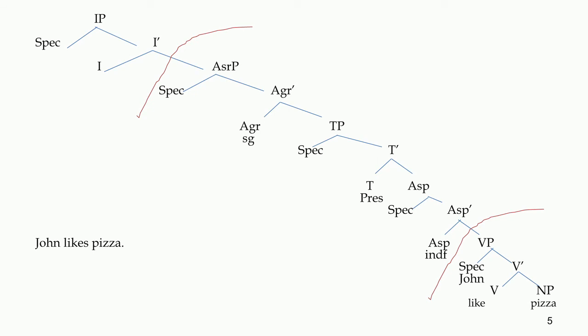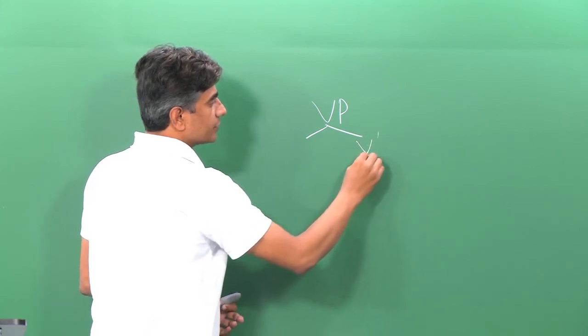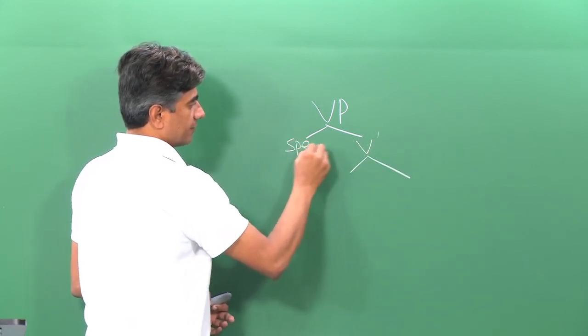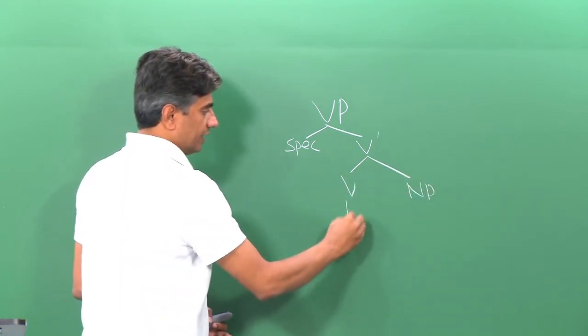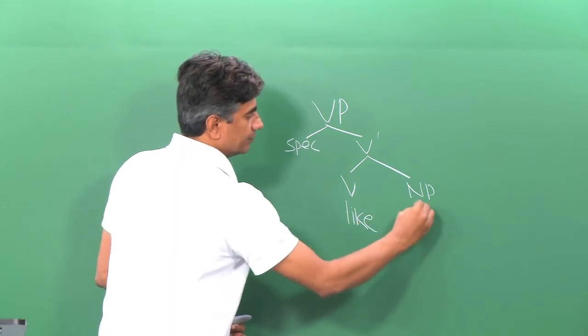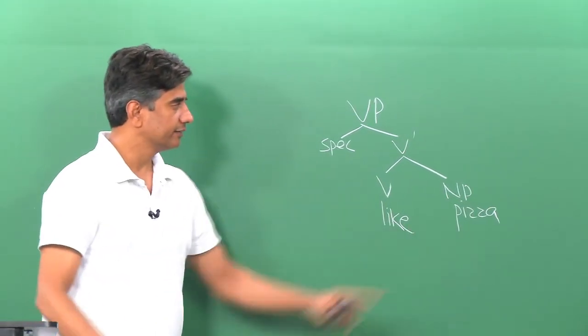Look at the screen once again, and you will see under the second red line that the subject originates at the specifier position of the VP. So this is how it is going to look. I am simply going to draw a VP for you to see. Remember, this is going to have a specifier, and then you have V and NP, where V is like, the predicate, and the object of this head is pizza.